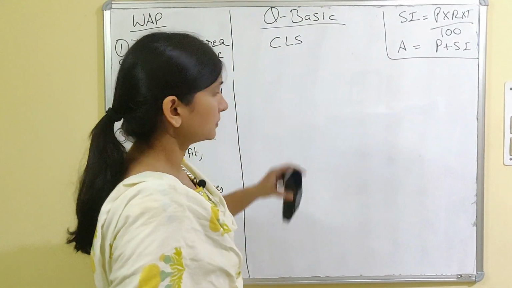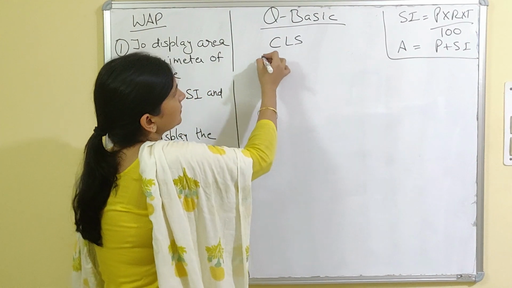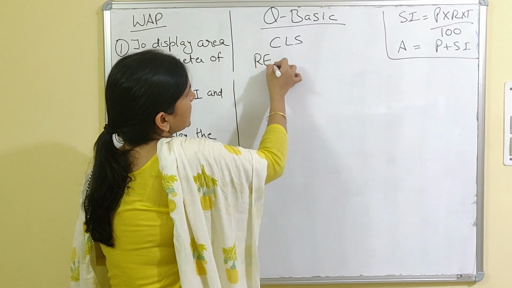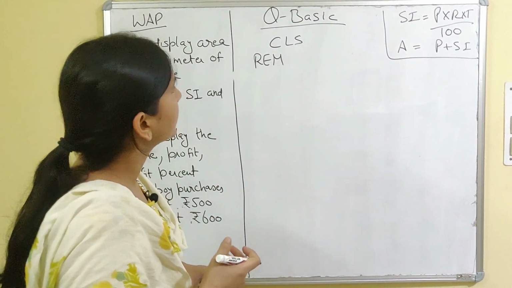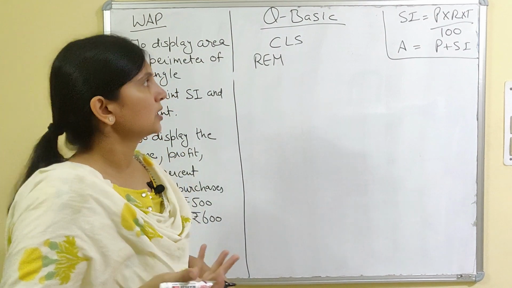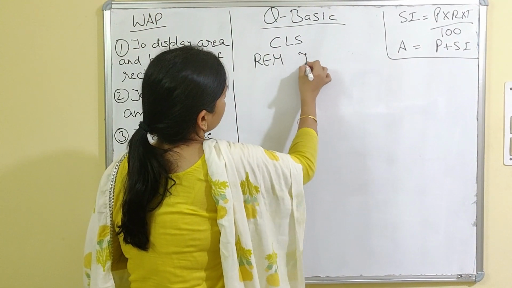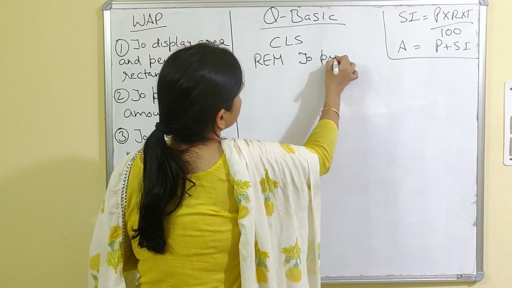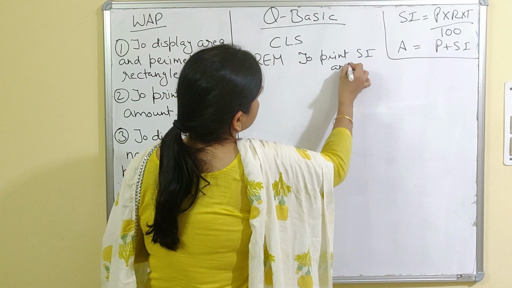So let's start. First will always be CLS. Okay, REM. In the last program we have not given the REM, so you can see it in this program. The REM statement is used to give a remark. REM stands for remark: to print SI and amount.